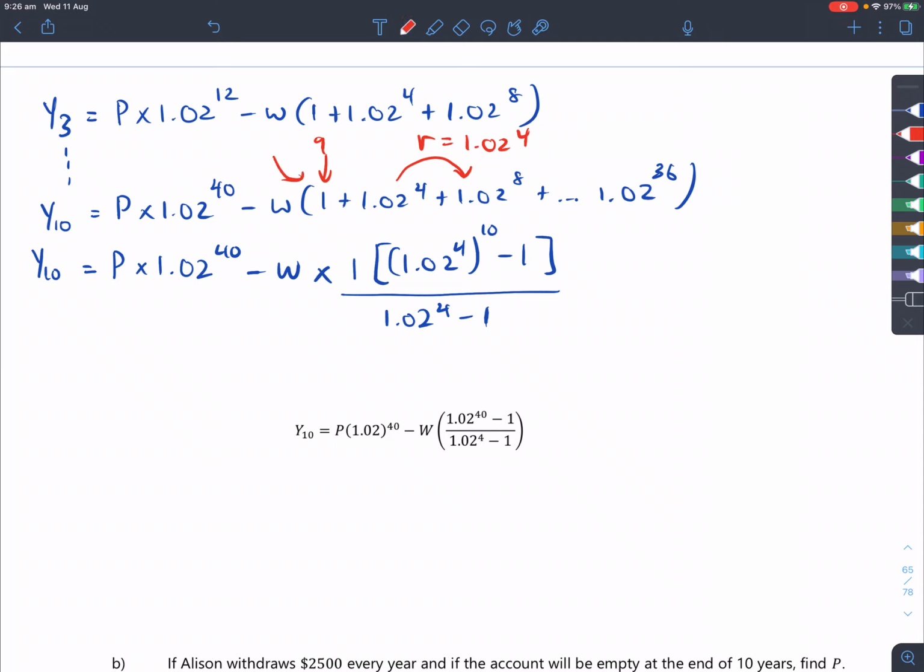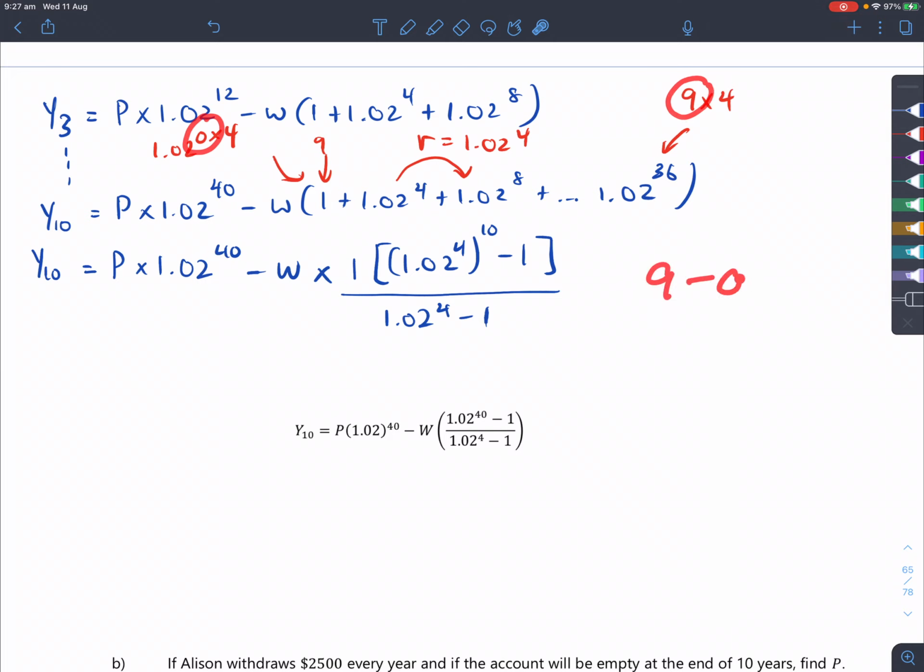Let me just write that. 1.02 to the power of 0, whereas this is 36, but this can be written as really 9 times 4, whereas this one here is the same thing as 1.02 to the power of 0 times 4. So if you think about it, how many numbers are there from that 0 there to number 9?